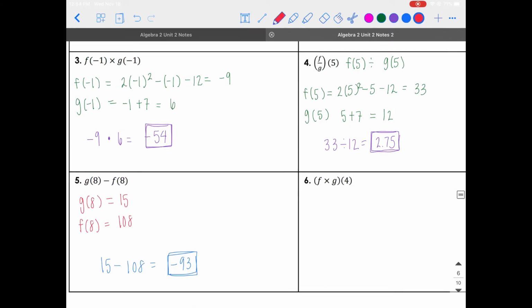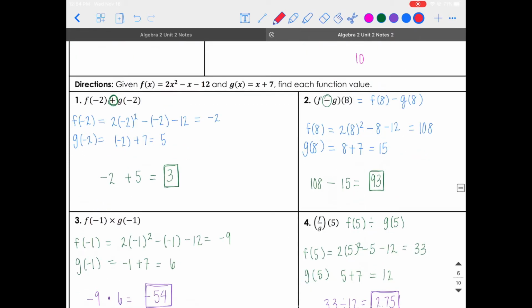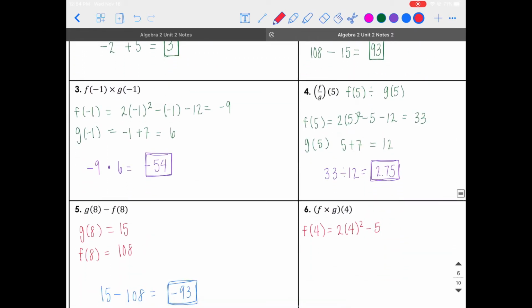Number 6, haven't done 4 yet, so f of 4, oops, not 5.